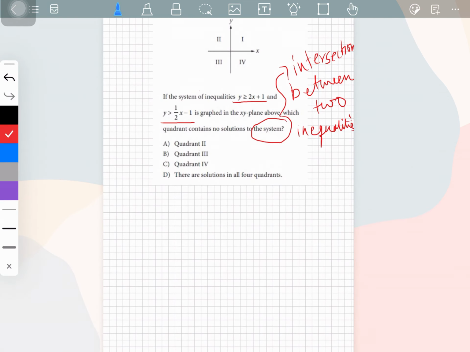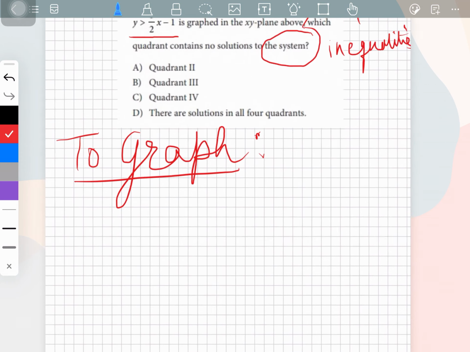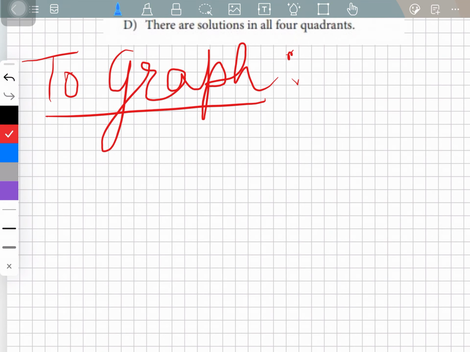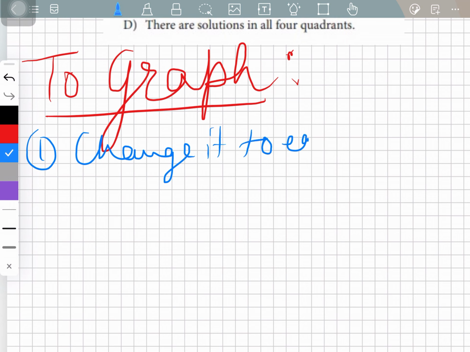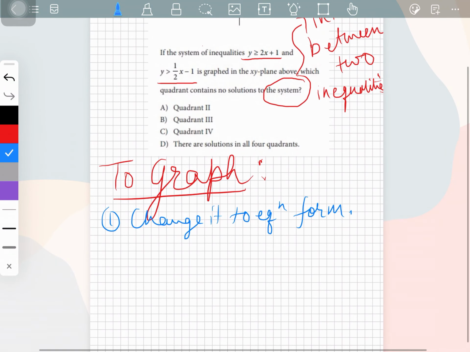To graph, we can zoom in here as well. Let's change the color. First you should change it to equation form. Let's take an example here: y is greater than or equal to 2x plus 1.